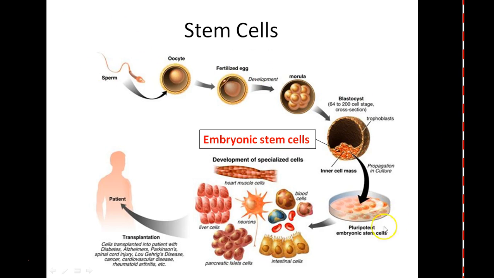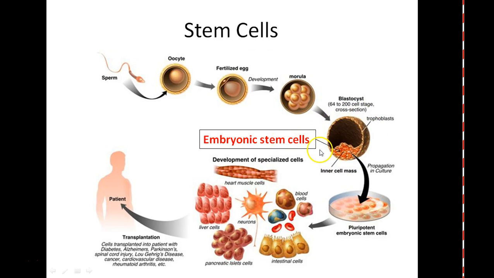So the top portion of this panel shows a very early embryonic development, and you don't have to go into the details, of course, this is not developmental biology, but I wanted to emphasize here the source of the embryonic stem cells and where they are.